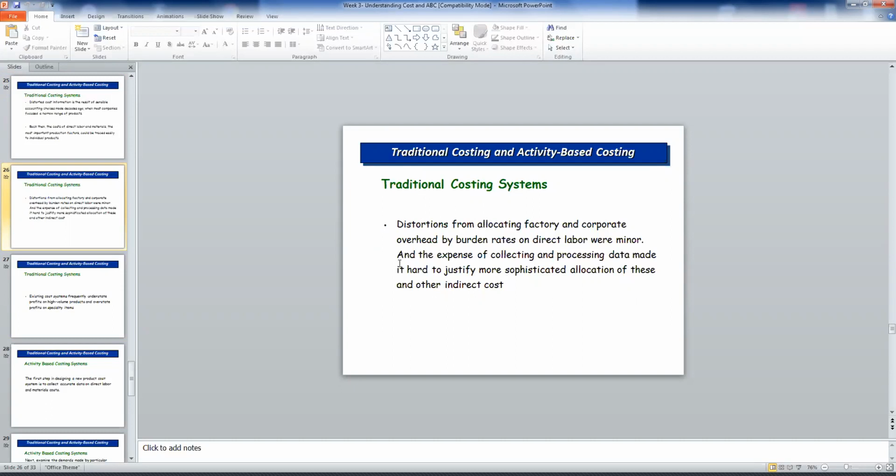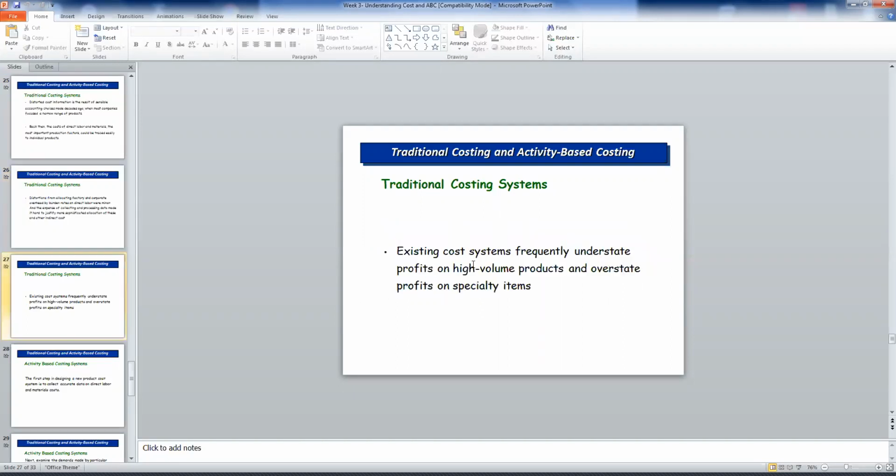And we need to think about a new approach in terms of how to assign that indirect and overhead cost to our cost objects so we can make better decisions. And based on what we're told in Chapter 3 and in Measure Cost Right and Make the Right Decision, existing or traditional cost systems frequently understate the profit on high volume products and overstate profit on low volume.